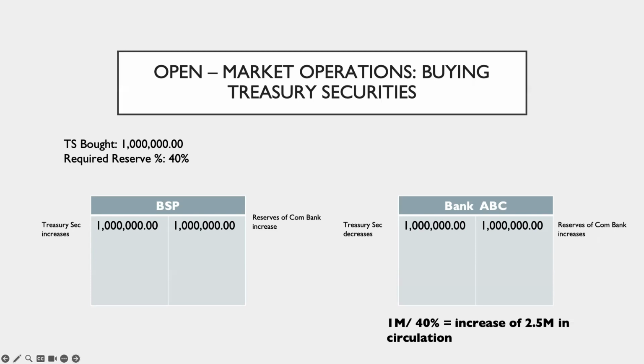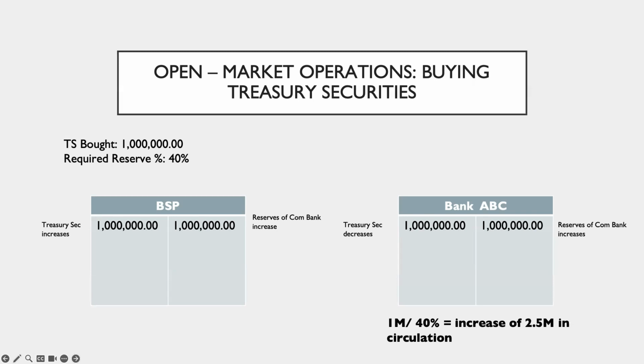On the side of Bank ABC, once the BSP takes the securities out, it decreases the assets.